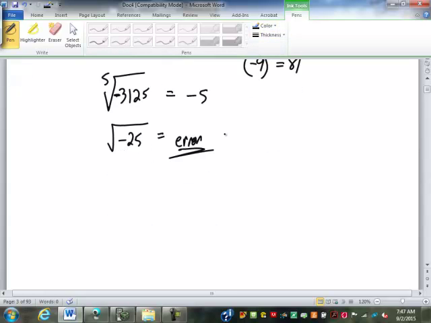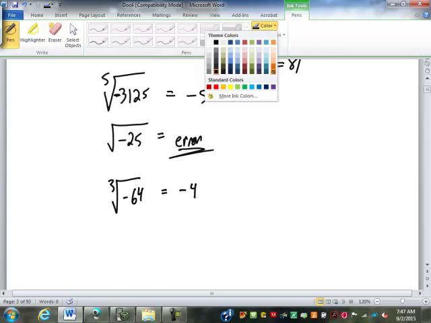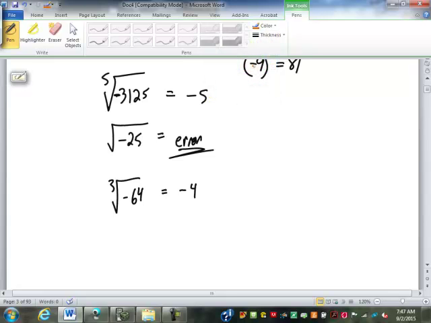But anyway, what if I have the third root of a negative 64? Negative 4, that works. How about the fourth root of a negative 81?